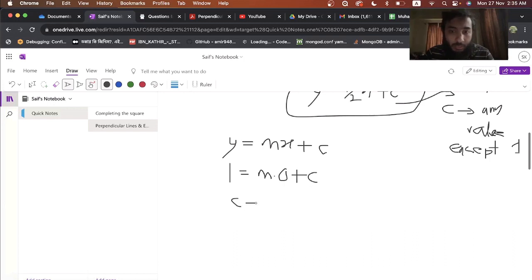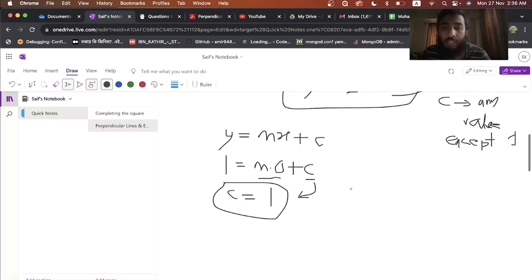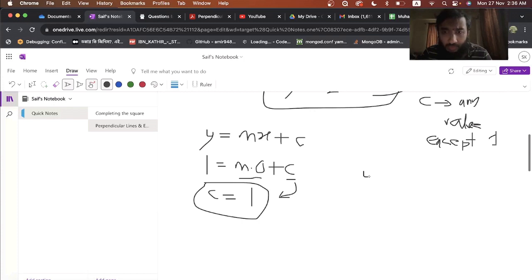What is c? This term is 0, so c is 1. So the constant should be 1. If I rewrite the equation, y equals mx plus the value of c, which is 1.